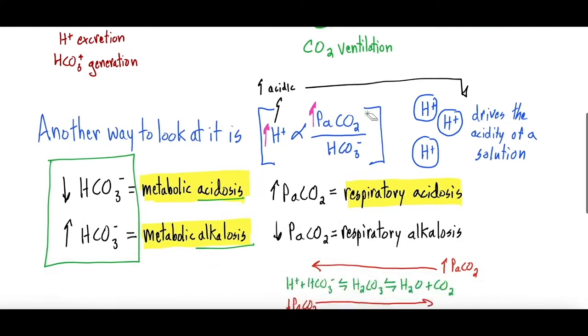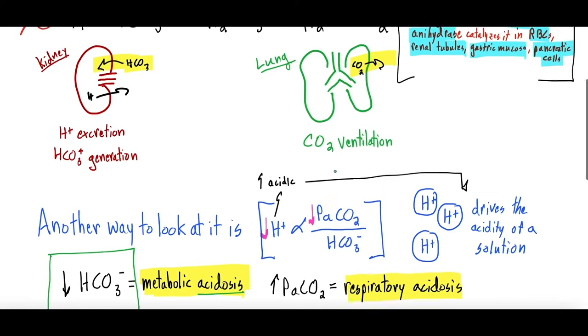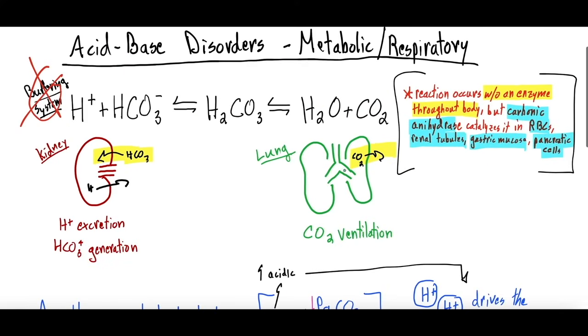All right? Whereas if the CO2 goes lower, let's erase these here. If the CO2 goes lower, the numerator in this equation is lower, meaning the hydrogen, because it's proportional to PCO2 over bicarb, is going to be lower, meaning you're going to have less acid, which means you're going to have a basic solution, and that's going to be a respiratory alkalosis, because alkalosis means basic. And again, respiratory, the lungs up here, are the ones that regulate the amount of CO2.